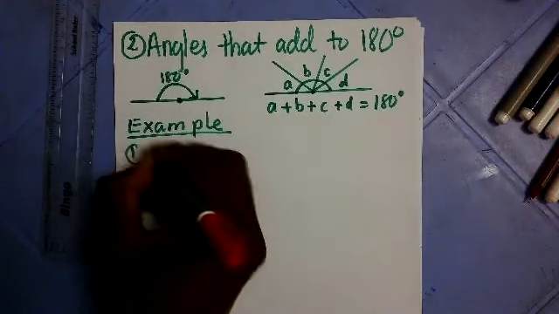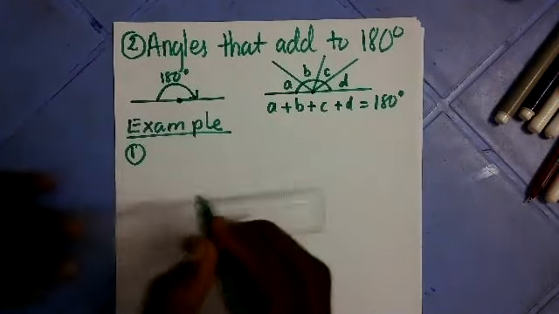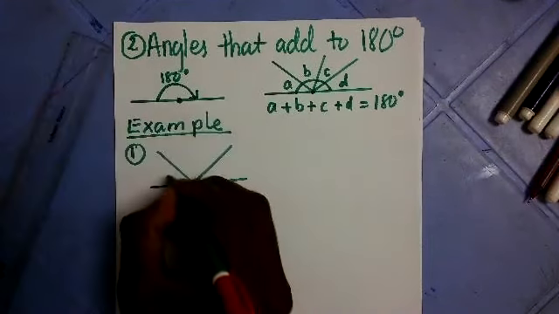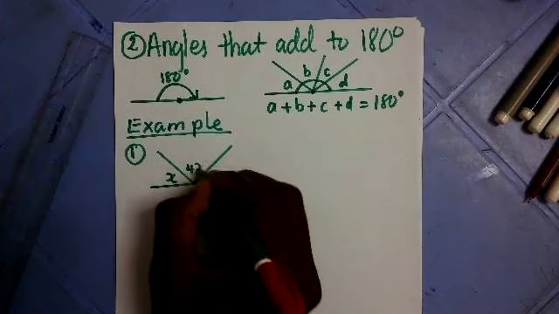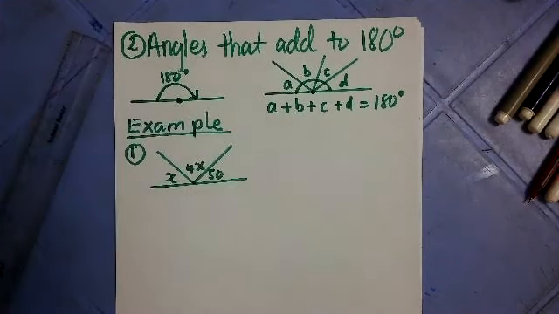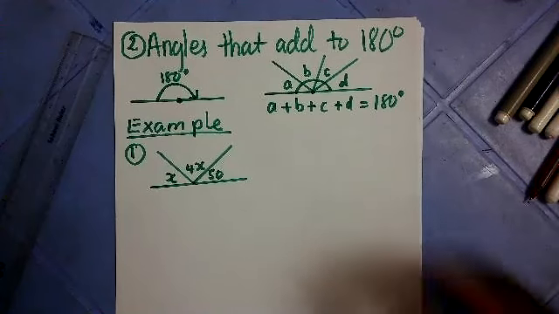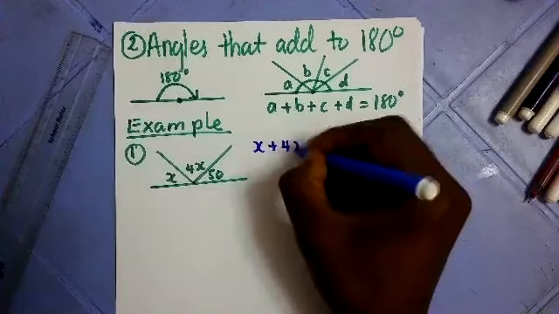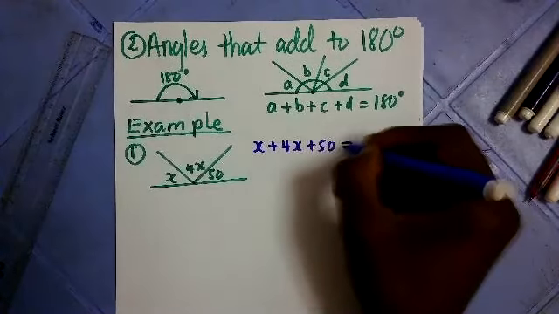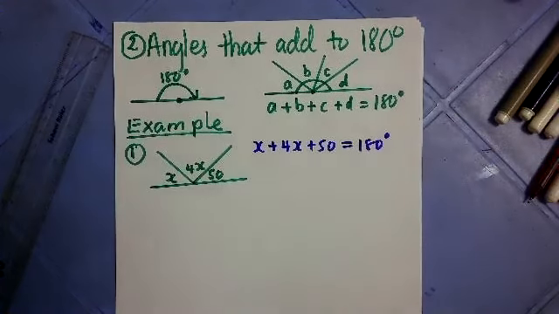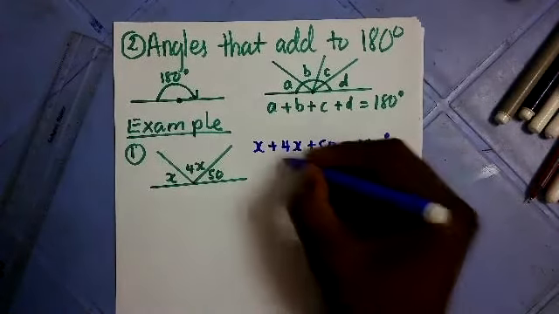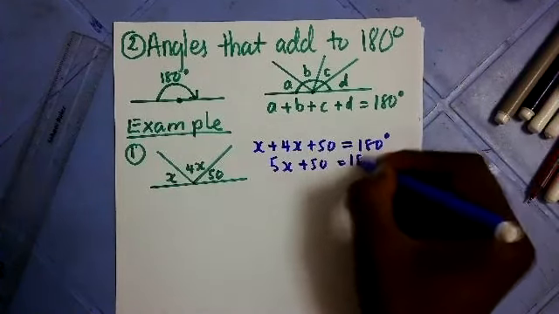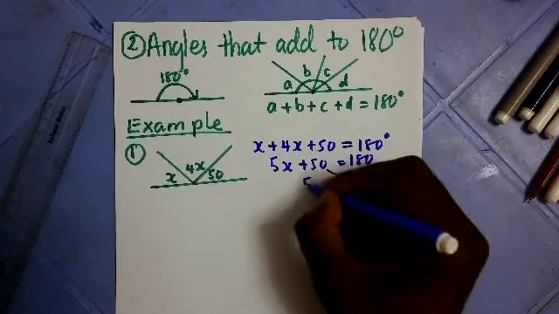So if we have, let's say, x, 4x, and 50. If I have such a question, my main job will be to say x plus 4x plus 50 should give me 180 degrees. To simplify, I'll get 5x plus 50 is equal to 180 degrees. My next job is to collect the like terms.